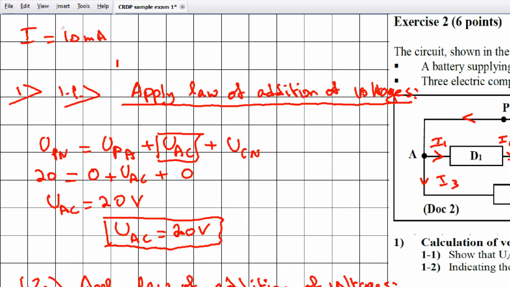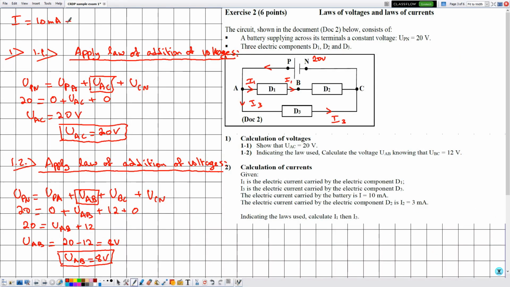Knowing that milliamps is not the SI unit of current, in order to convert from milliamps to amps, we simply divide by 1000. Then 10 divided by 1000. Then the main electric current is given by 0.01 amperes.